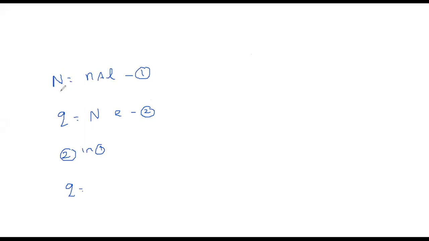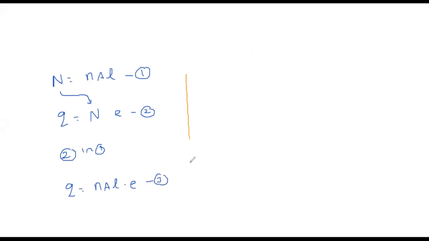So first equation, N is equal to nAL. It is equation number 1. Second equation, Q is equal to Ne, equation number 2. Substitute 2 in 1, we are getting Q is equal to what? nALe. It is equation number 3.